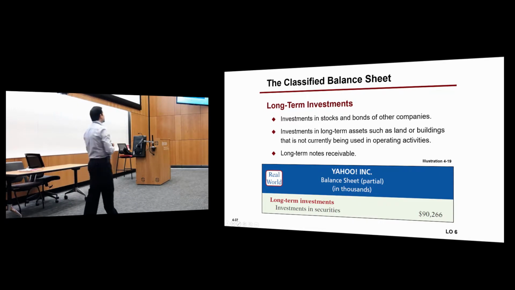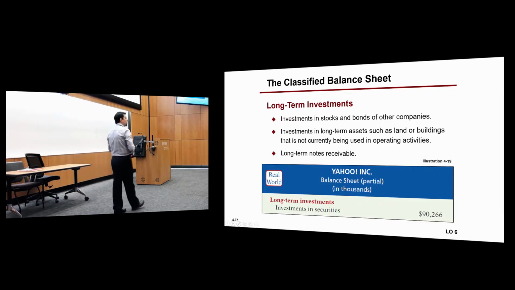Those are the investments in other companies' bonds or, let's say, municipal bonds. It depends basically on the maturity date. So part of those long-term investments, if they are coming to maturity now, change nature.